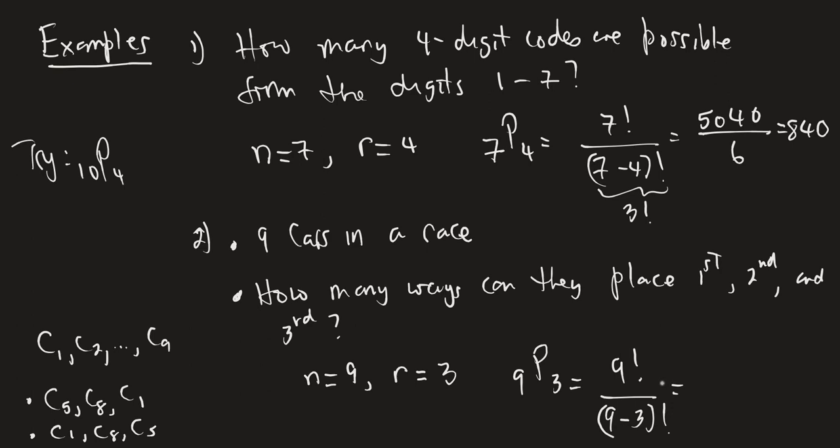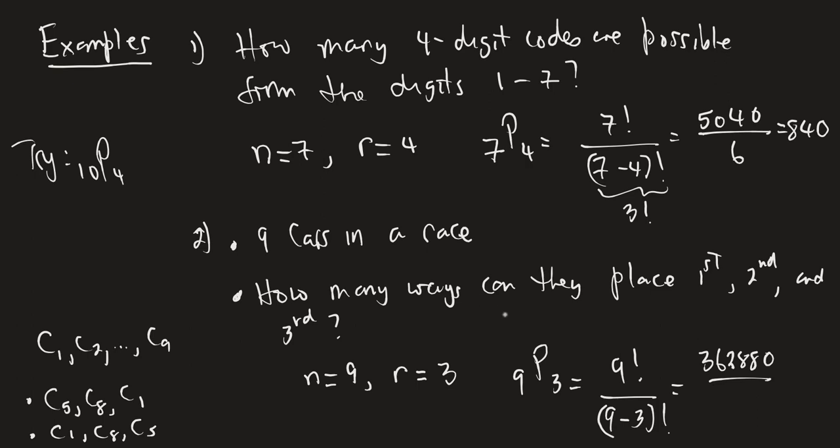So what's 9 factorial? Well, we know that's going to be a little bit bigger. I'll give you a second. You can pause the video and try to compute it, but it is quite a big number, 362,880. And then at the bottom here, 9 minus 3, so that's 6 factorial. What is 6 factorial?